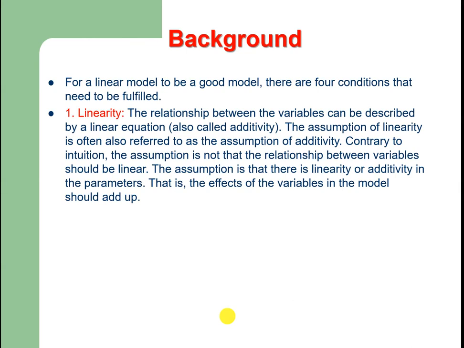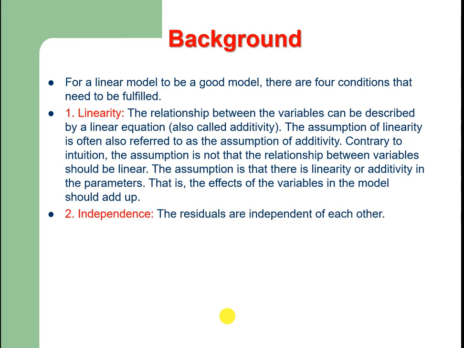This assumption of linearity is often also referred to as the assumption of additivity. Contrary to intuition, the assumption is not that the relationship between variables should be linear, but that there is linearity or additivity in the parameters. That is, the effects of these variables in the model should add up.